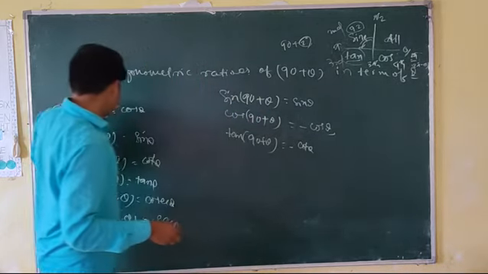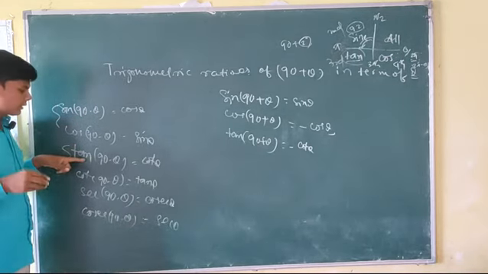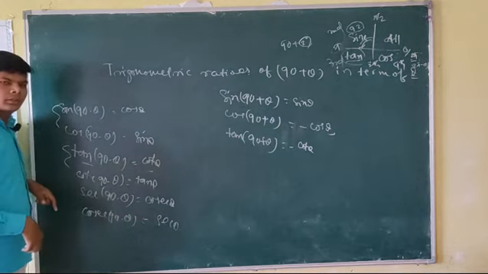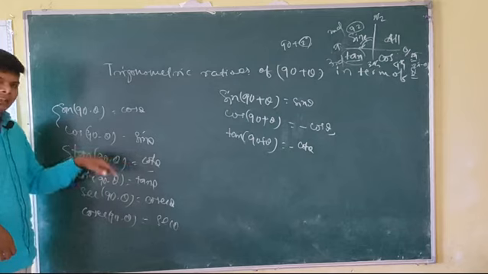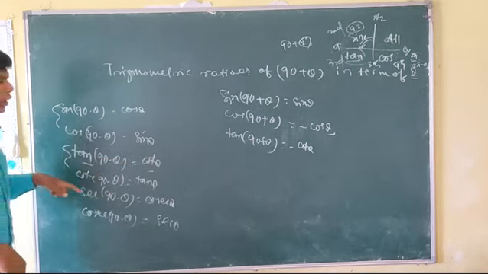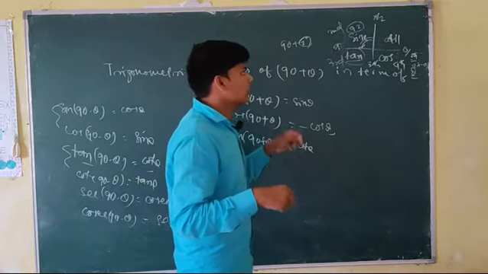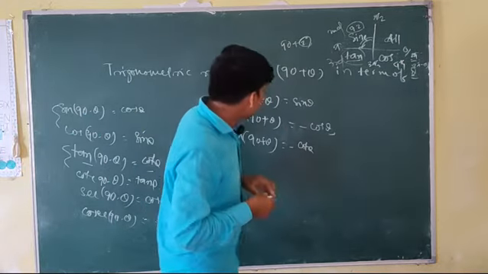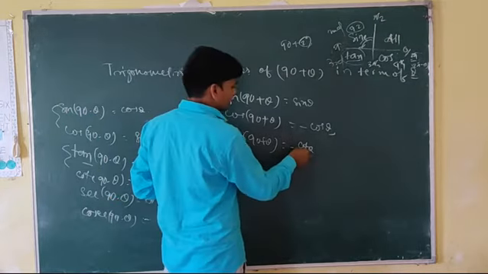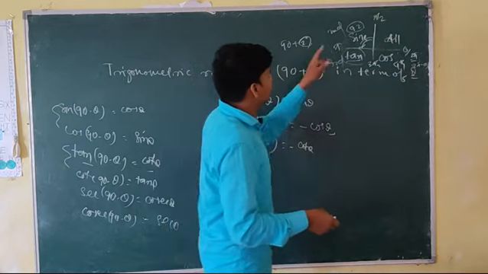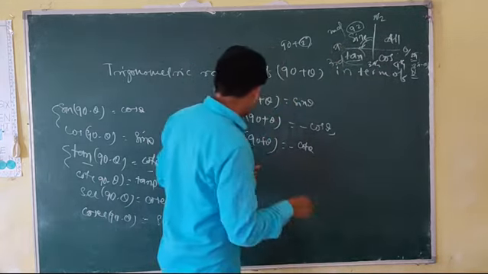As we learned here, for two complementary angles the ratio changes: tan becomes cot and cot becomes tan, but the sign of the value depends on where the angle falls, which quadrant the angle belongs to. See, tan(90 + theta) is minus cot theta because in the second quadrant the value of cot theta is negative.